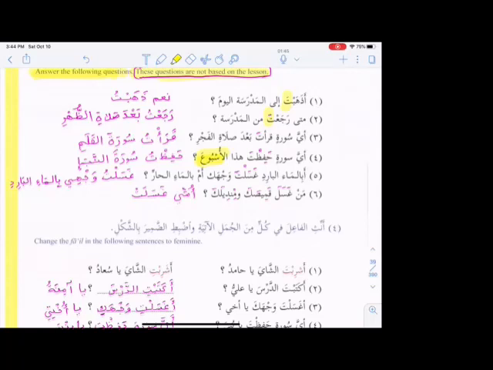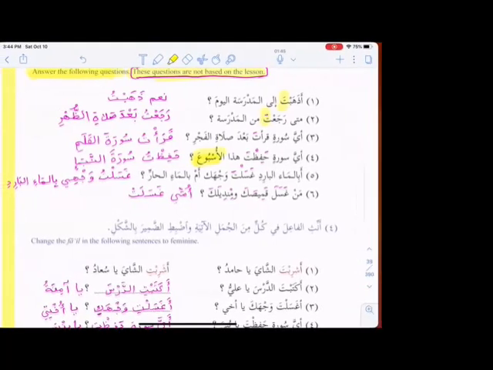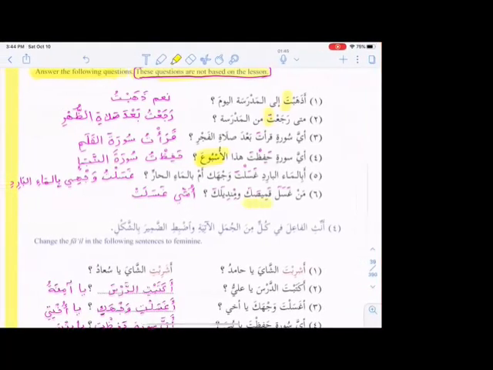Man gasala kamisaka wa mindilaka? Who washed your shirt and your handkerchief? Who washed it? Ummi gasalat. See, gasalat. Did you see? Muannas, gasalat. Fine.